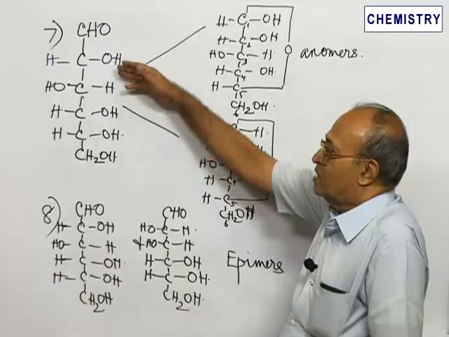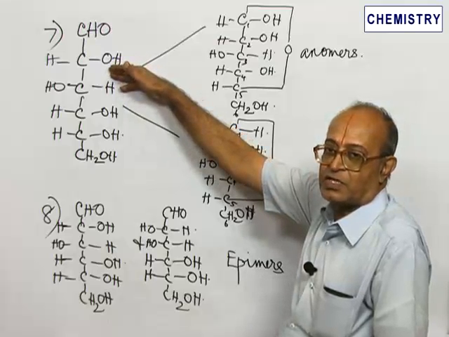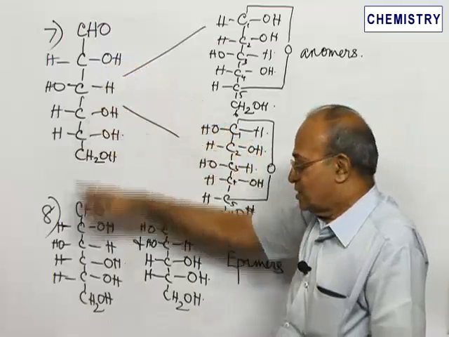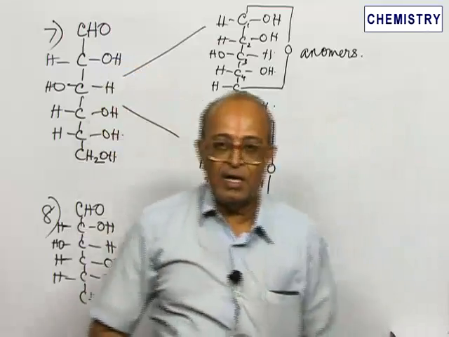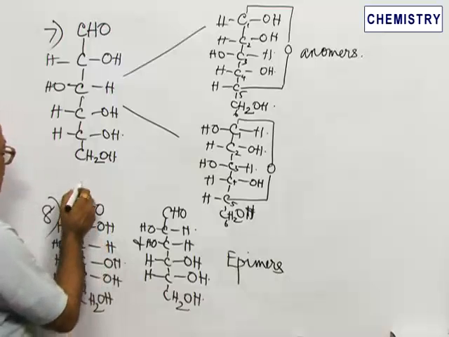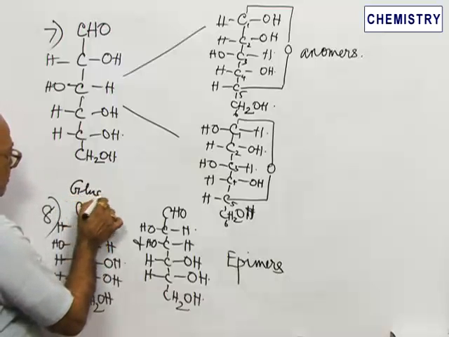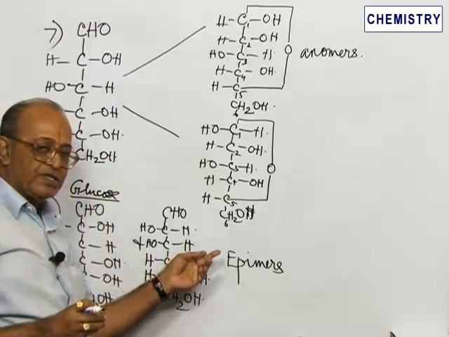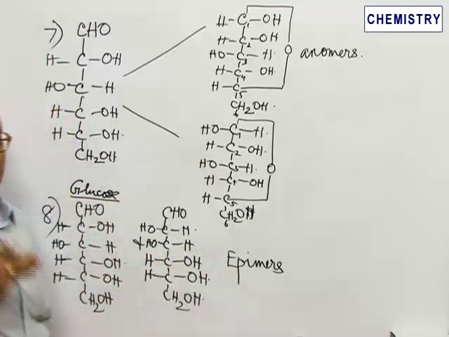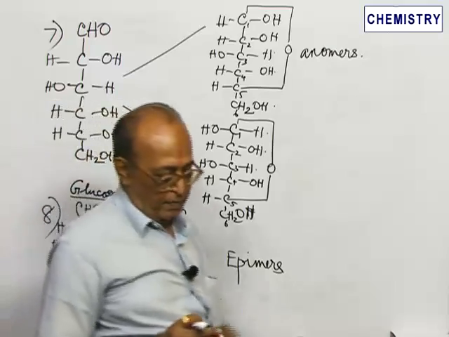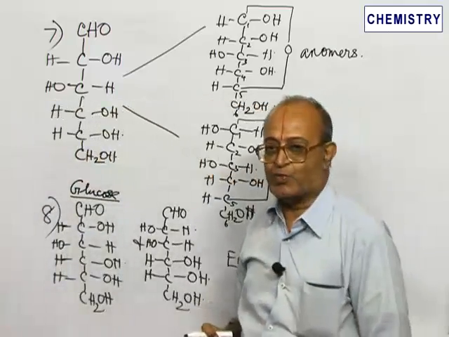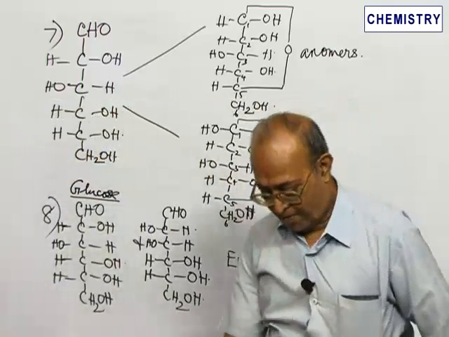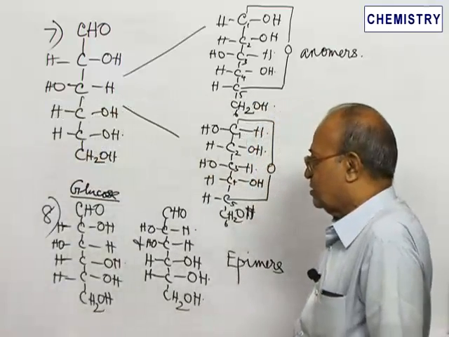In question number 7, I have considered this carbohydrate, namely glucose. The same glucose I have written here. This is glucose. But this second compound differs again in one aspect. What is that aspect?